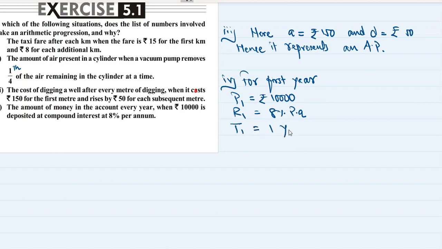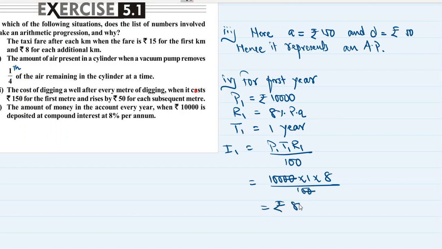T1, time, is 1 year, because in compound interest we do the calculation year by year if we are not using the formula. So I1 will be equal to P1 T1 R1 upon 100, which is 10,000 multiplied by 1 multiplied by 8 upon 100. So the interest for the first year is rupees 800.